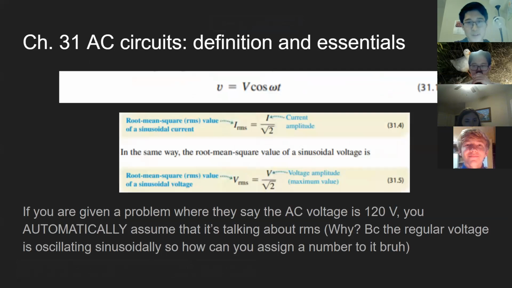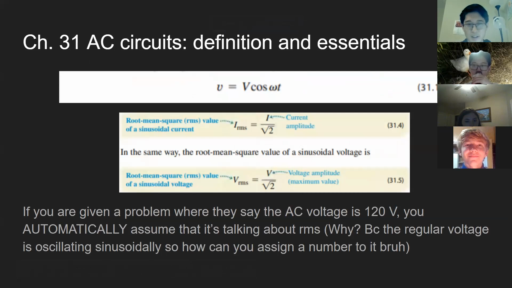So, chapter 31 is all about AC circuits. What Stephen was talking about previously, all the equations, were DC circuits. But once you have an AC circuit, a lot of stuff changes. First of all, what exactly is an AC circuit? Basically all it means is that you're changing the voltage sinusoidally, and that also means that you're changing the current sinusoidally.